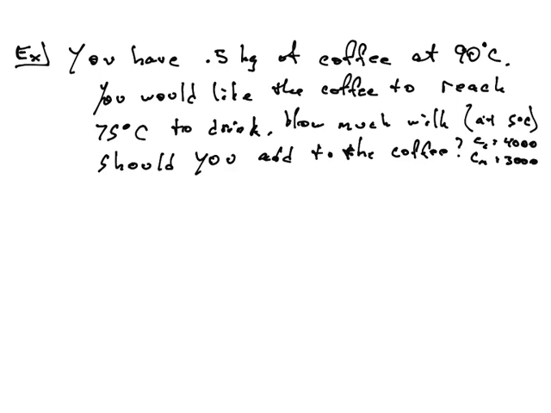The question is, how much milk should we add? Well, what are all the pieces of my system? I've got Q for coffee. The coffee's going to lose some heat. And I've got the Q for the milk. The milk is going to gain that heat. And those are the only two pieces in my system, so I set it equal to 0.